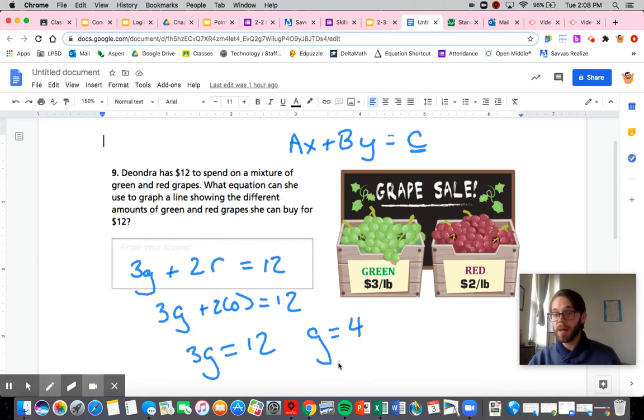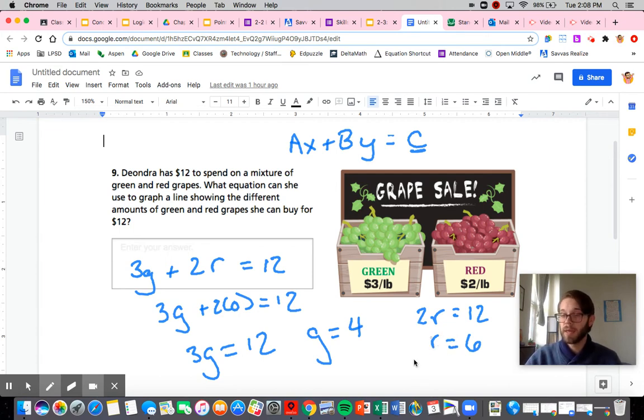I could potentially buy 4 pounds of green grapes. That's what that intercept is telling me. If I wanted to buy just red grapes, I would have 0 green grapes, and I'd get 2r equals 12. So r equals 6. I could buy 6 pounds of red grapes, and that would be 0 green grapes.